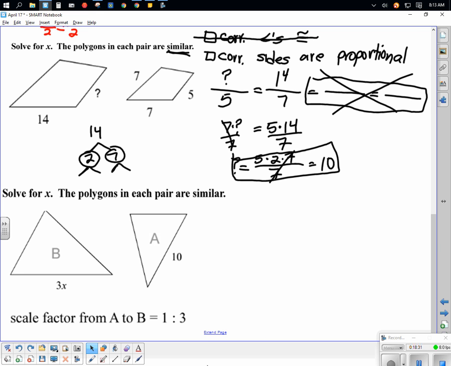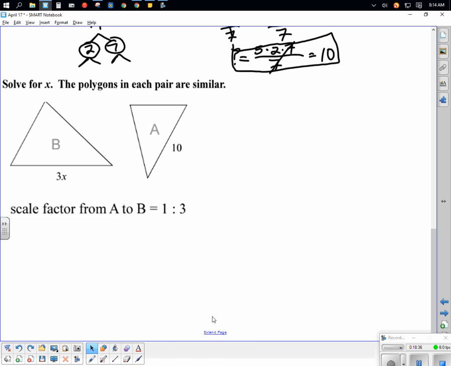Solve for x, the polygons in each pair are similar. Okay, the trick to this problem is you really need to understand what this says. If you understand this, then you should be able to do the problem. Okay, this is a proportion. A proportion is a fraction equal to another fraction. So here's my equal.